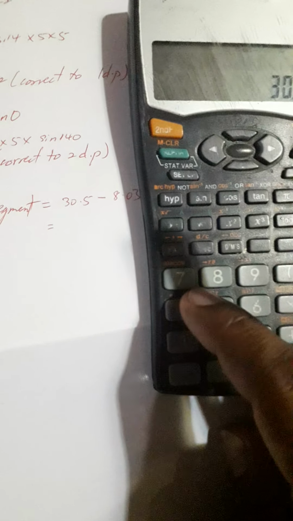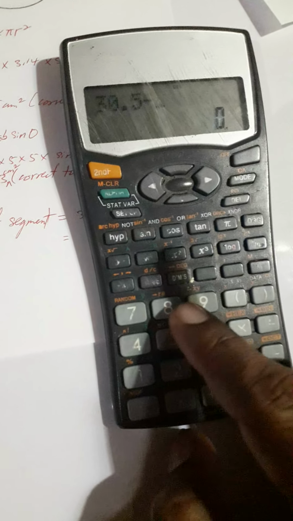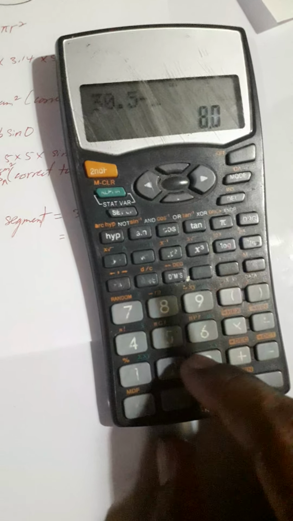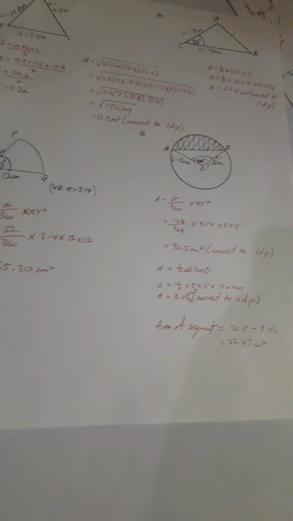So we have 30.5 minus 8.03. What do we have? 22.47 cm square. Okay, that's it.